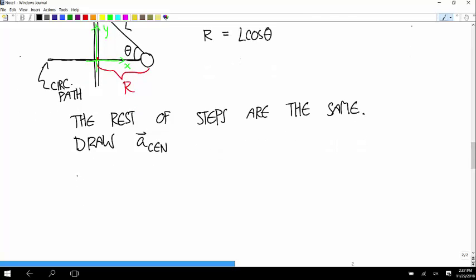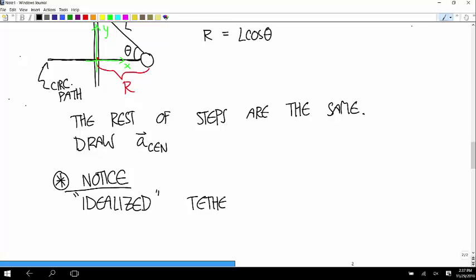What about speed changes? This is something important to keep in mind with these kinds of problems. All of these problems that we're doing are idealized problems. Notice we're never talking about air resistance or any kind of friction. So these idealized tetherball problems are always uniform circular motion.